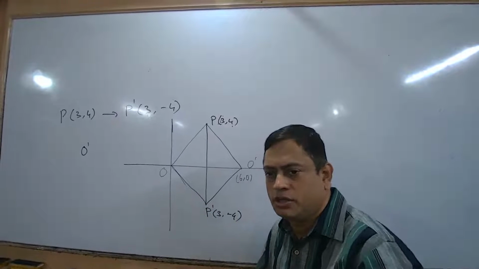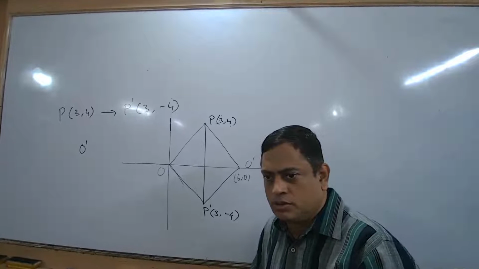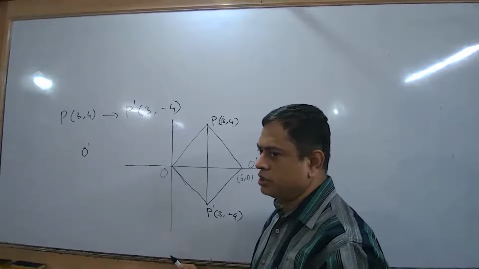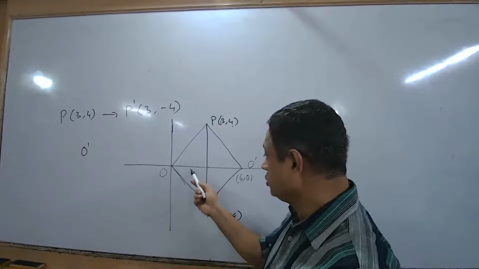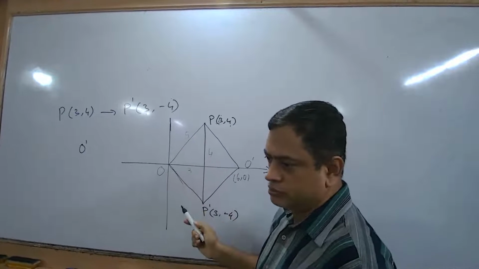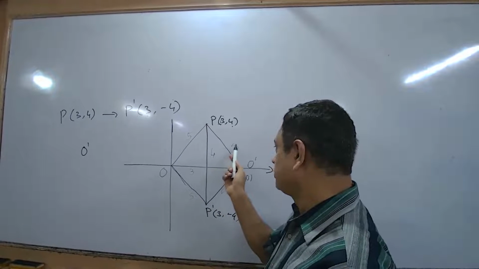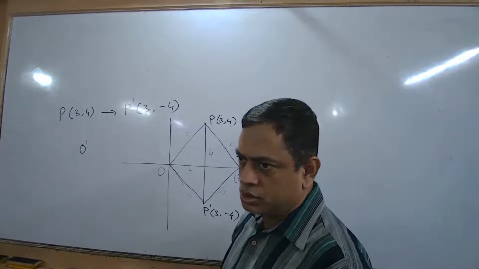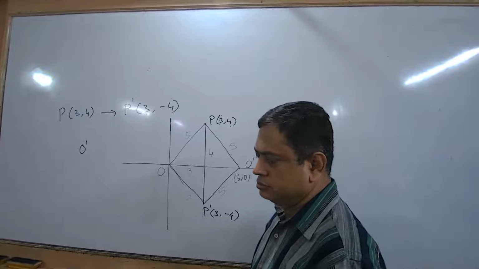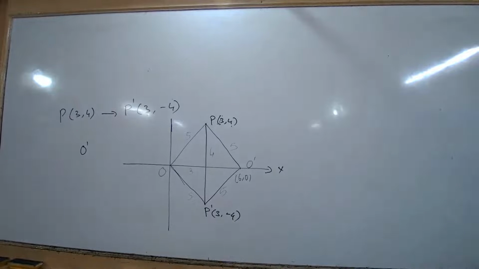Correspondingly you will get this as 3, this as 4. By Pythagoras theorem, this is 5. So all of them are 5. So you got the perimeter 20. Understood? Anything else? Your doubt is over?